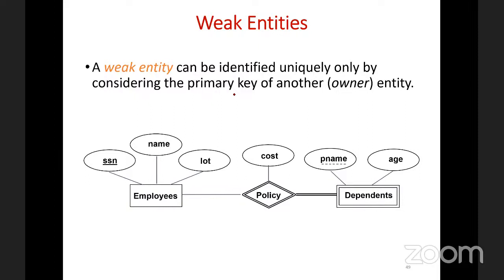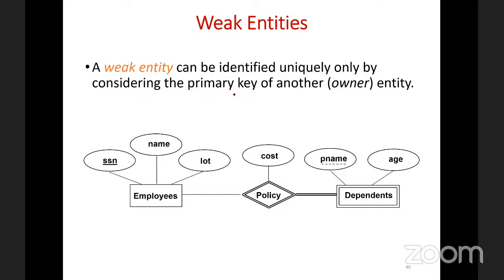So if I say that my children are dependents, how are they identified in the system? Let us say some medical benefit is there. We have a health center and my child can come and take medicine from there. But in the health center, how do they identify my child? They will not identify him by his name. They will identify him by my name, right? So I am the owner entity and my child is a dependent entity, right?